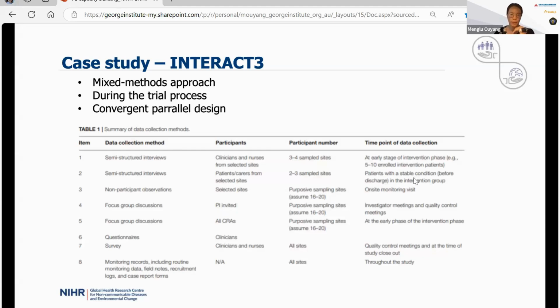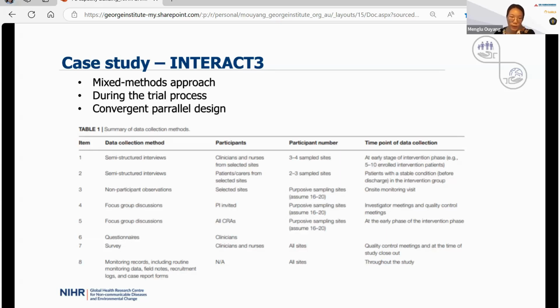We also collected non-participant observations in purposively sampled sites during the monitoring visit. The CRA, who is an operations team member, observed whether the sites delivered the care bundle, how the process looked at the local site, and how the intervention was incorporated in their workflow.